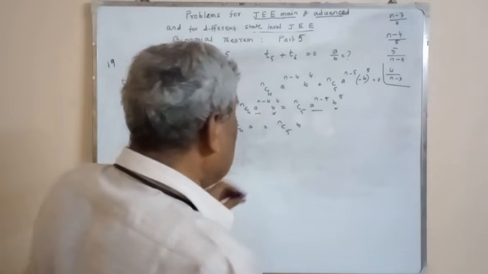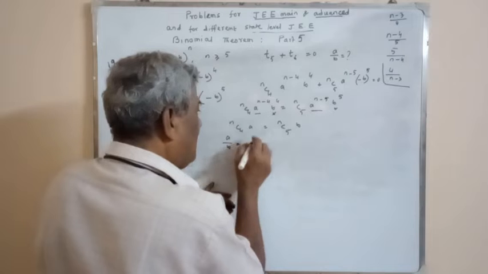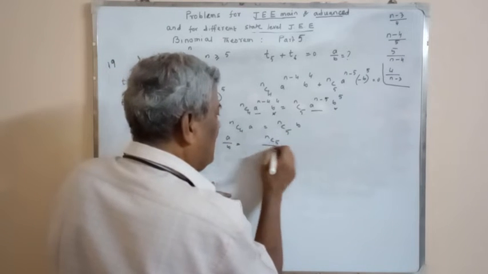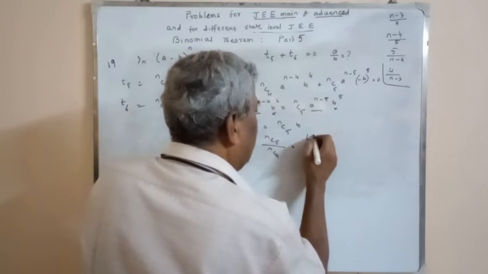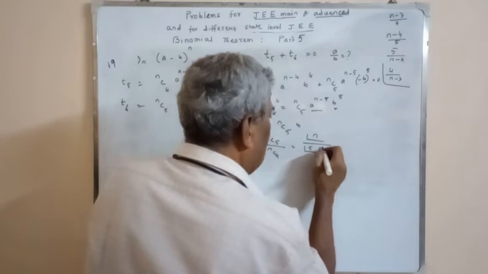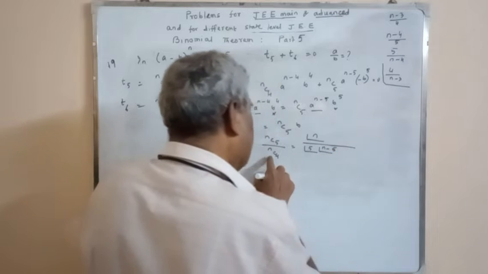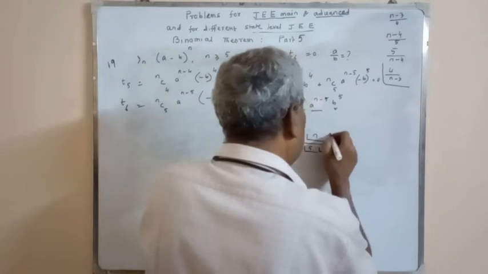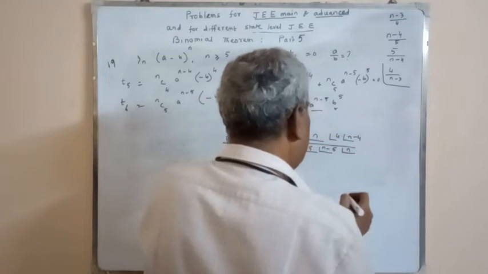So we must have a by b is equal to nC5 by nC4, which is factorial n by factorial 5 into factorial of n minus 5, divided by factorial n by factorial 4 and factorial n minus 4.